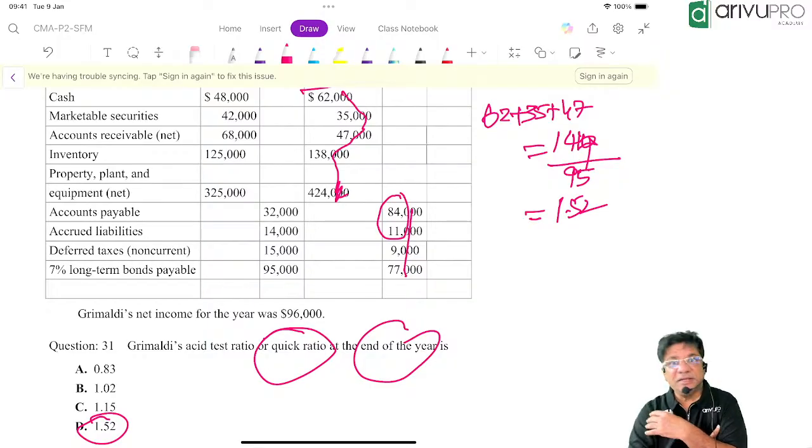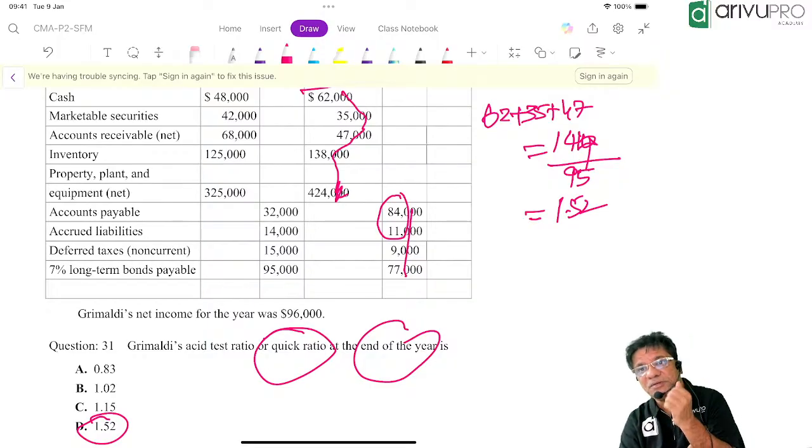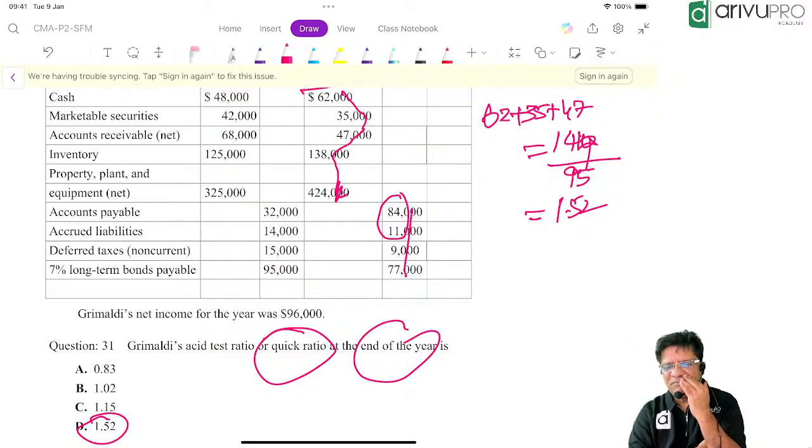What I explained conceptually, that should be your expertise. Numerical problems, anything, let it come.